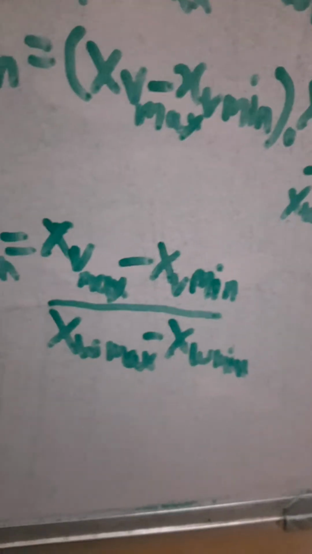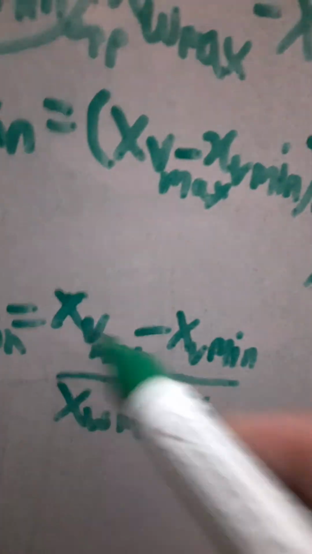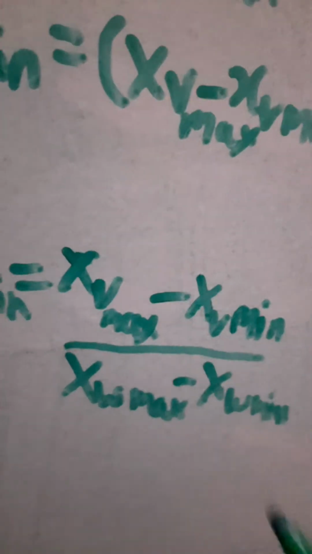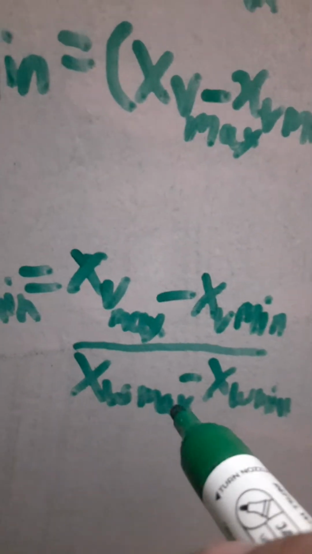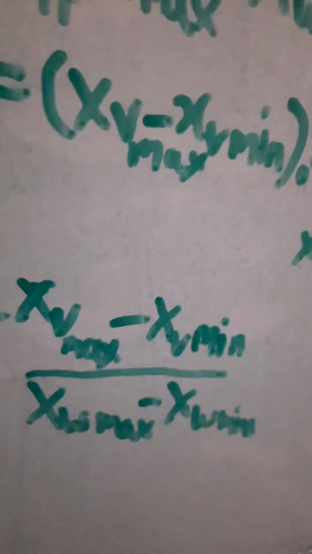So what is this? This is actually the shear, like the stretching factor, how much we stretched, because this is your viewport from bottom to top, and this is your window bottom to top. So what we did is we actually stretched this viewport into this window, right.